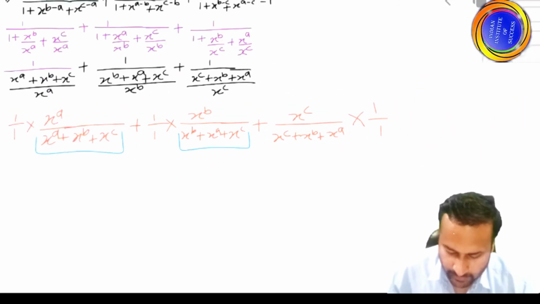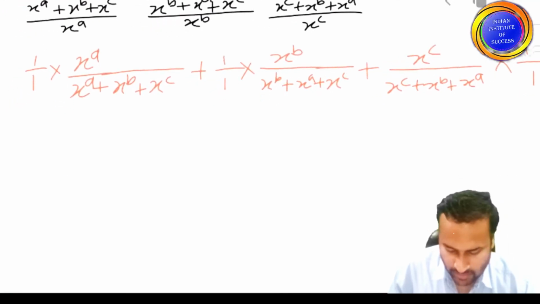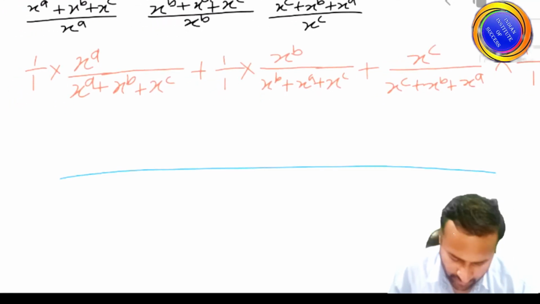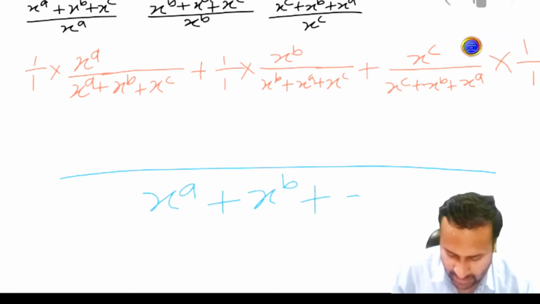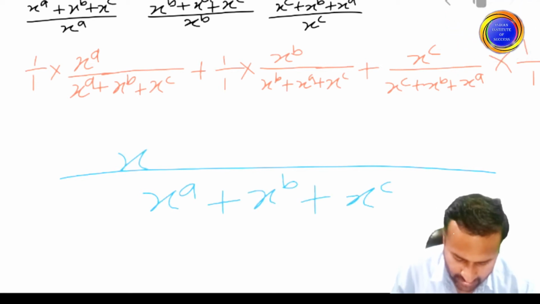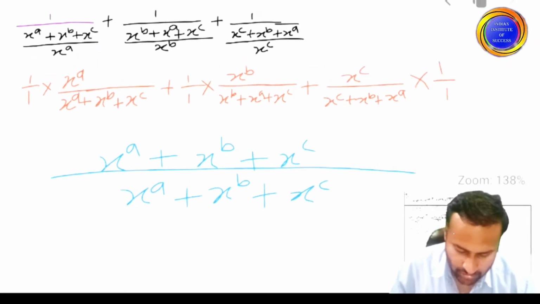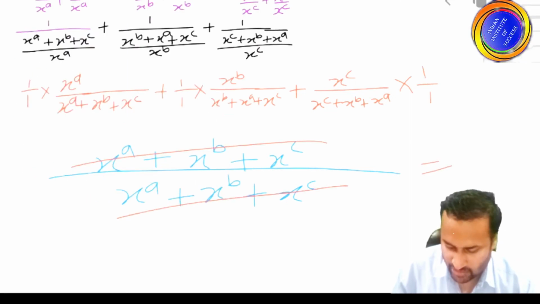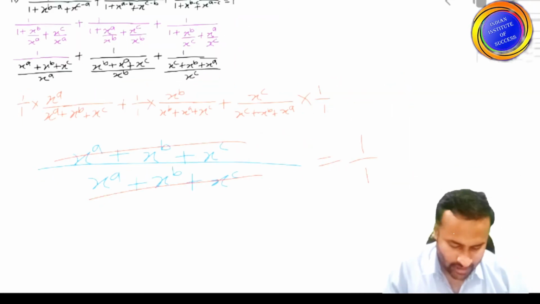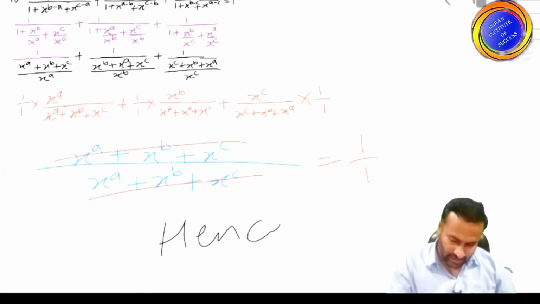Now we will take the LCM of all: x raised to power a plus x raised to power b plus x raised to power c, and upwards also x raised to power a plus x raised to power b plus x raised to power c, and you will get 1. When all things cancel out, you will get 1 as a result. Hence proved. So this was very easy.